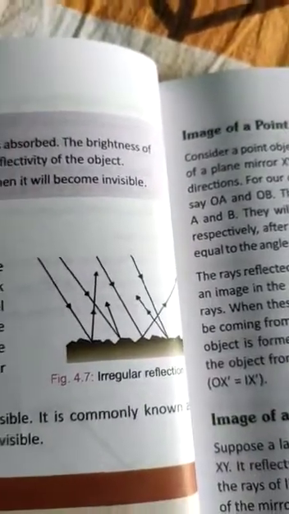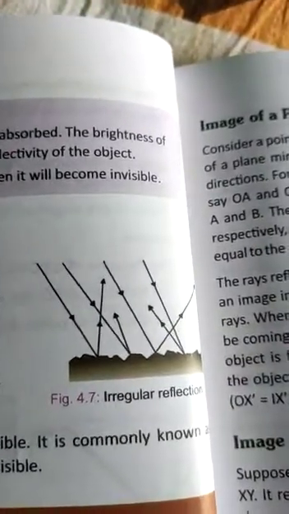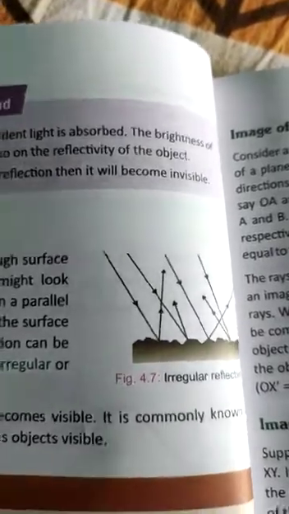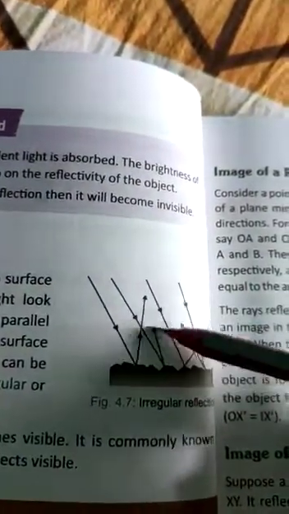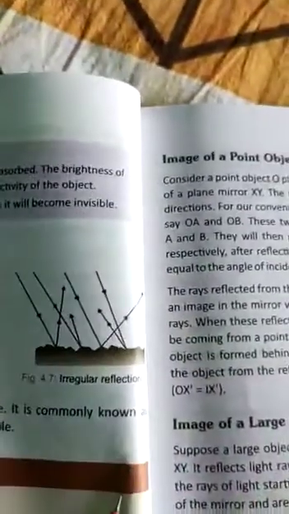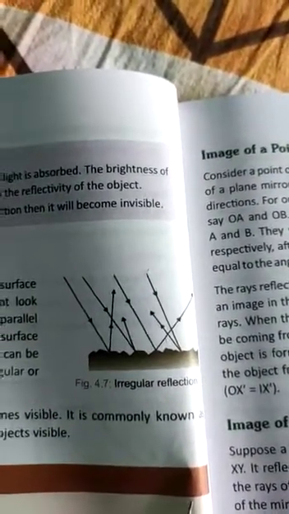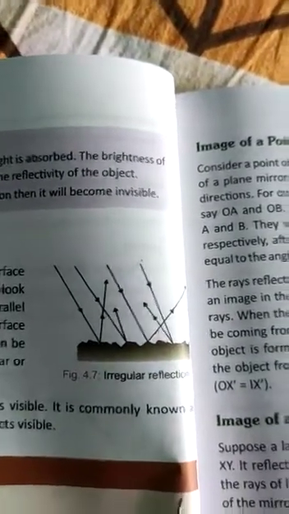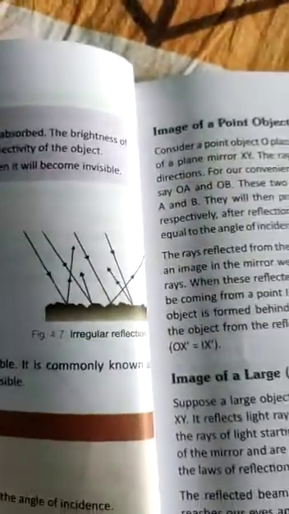When a beam of light falls on a rough surface, different parts of the surface reflect the incident light in different directions. You can see this incident ray reflected this side, this side, this side, meaning different directions. Such reflection can be seen in a scratched mirror also, or rippling water. That is irregular or diffused reflection. Right, children?